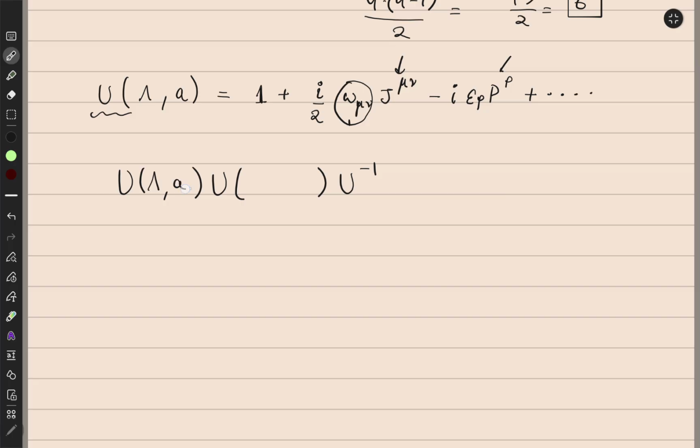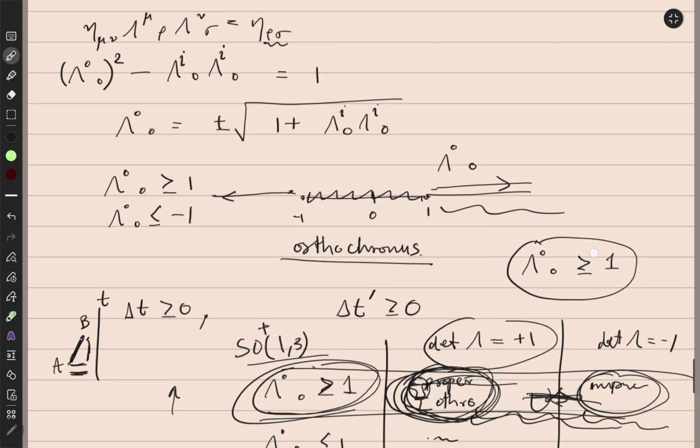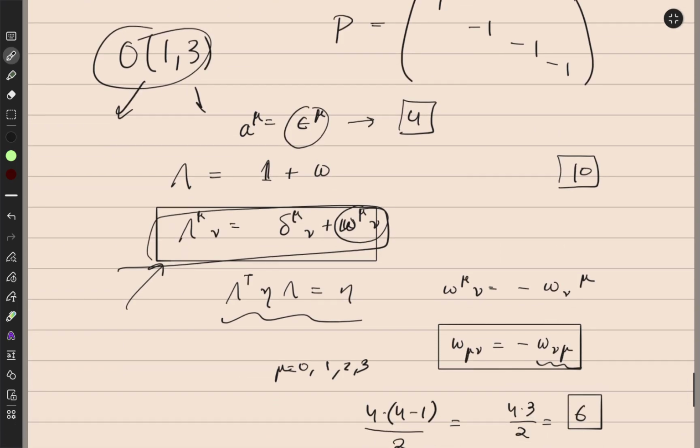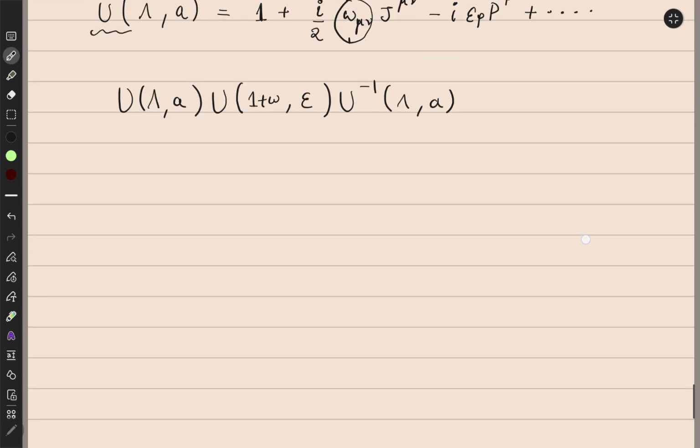Let's call these ones lambda, parameterized by lambda and a. And let's say these are infinitesimals, as in lambda is just 1 plus omega and a is just epsilon, in the spirit that we did here. The structure of the infinitesimal Lorentz transformation was this.